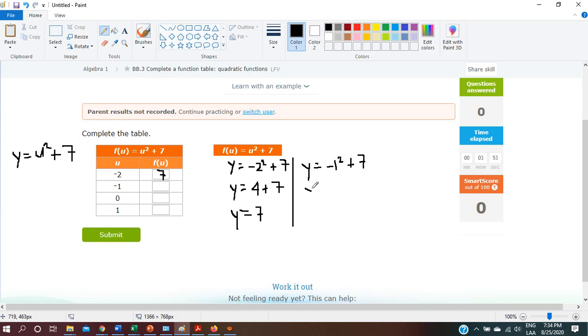Okay, so negative times negative is positive; 1 times 1 equals 1. 1 plus 7, so y equals 8. All right, so this is our answer. So when u equals -1, y, or f of u, equals 8.